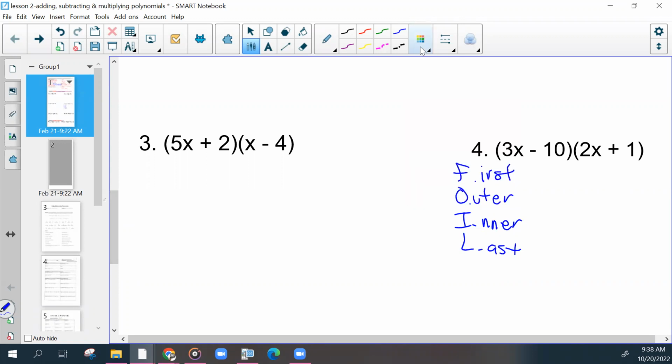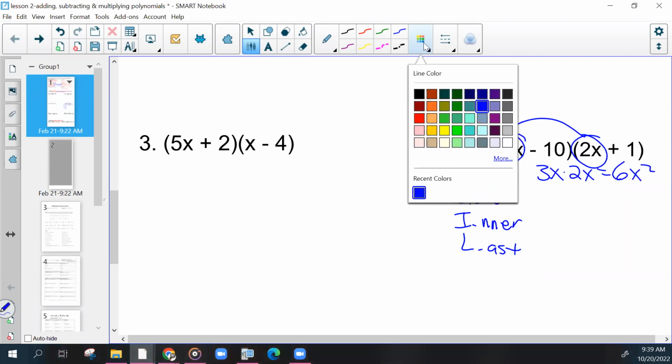So using FOIL, we're going to multiply the first things together. So the first would be 3x and 2x. Which would give us what? 6. What about the x's? X squared.